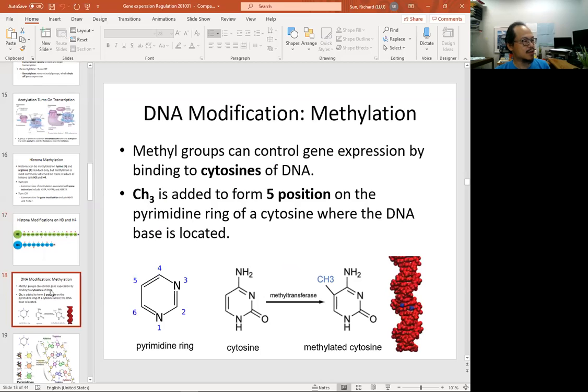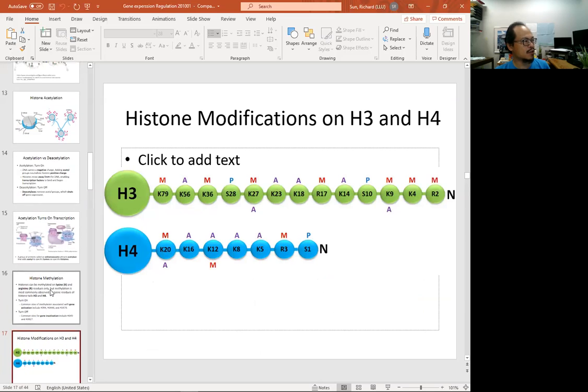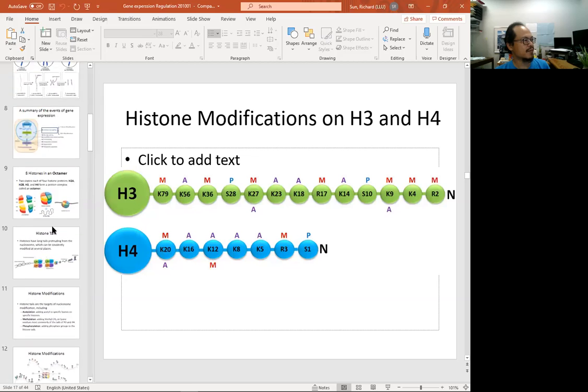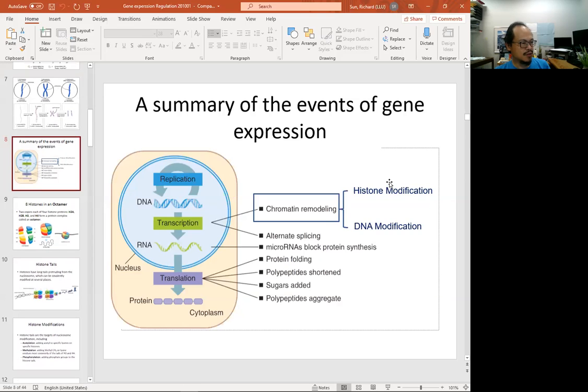In addition to the histone modification, as I mentioned before, that way we can modify the chromatin, right? It can become less expressible or more expressible. We can turn on or turn off the gene expression.